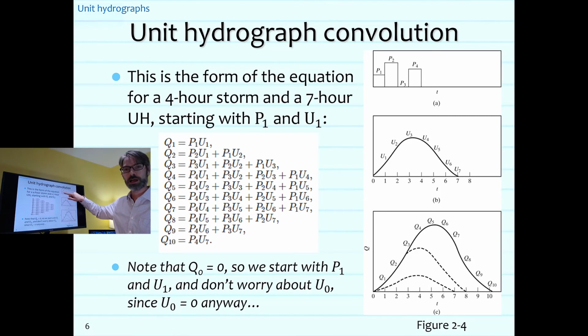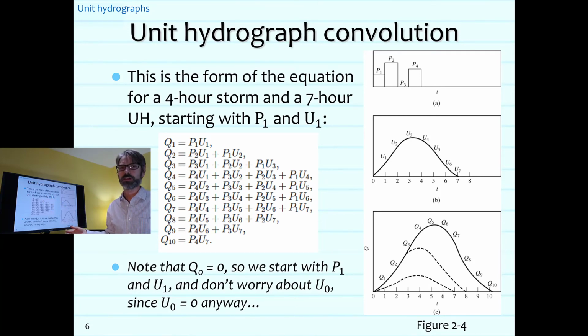I have a 4-hour storm. Here's my unit hydrograph, and then here's how things start. So I've got Q1 is P1 U1, Q2 is P2 U1 plus P1 U2, and so on. So this is one approach for developing the flow values for a storm hydrograph from unit hydrographs.